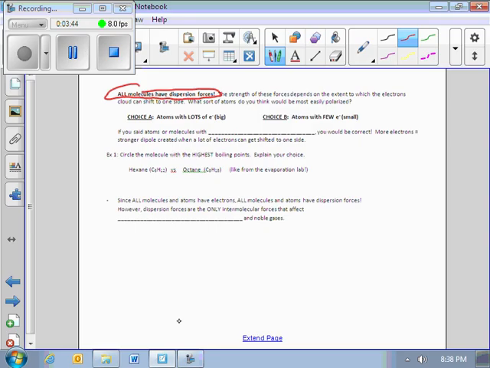The strength of a dispersion force is all going to be based on how well those electrons can get shifted to one side or the other. So here's my question for you. What sort of atoms do you think would be most easily polarized? Polarized is just another word for the electrons getting shifted to one side versus the other. Do you think choice A, atoms with lots of electrons, so like big atoms or big molecules, or choice B, atoms with few electrons, so small guys?